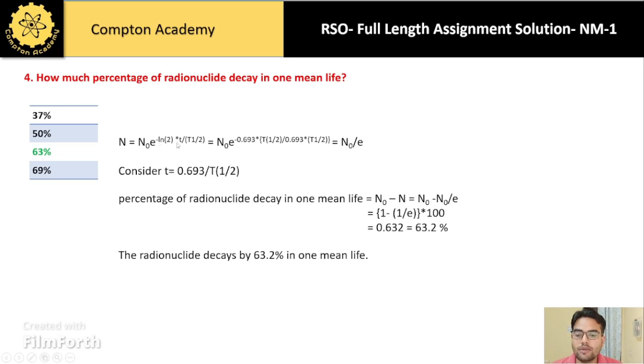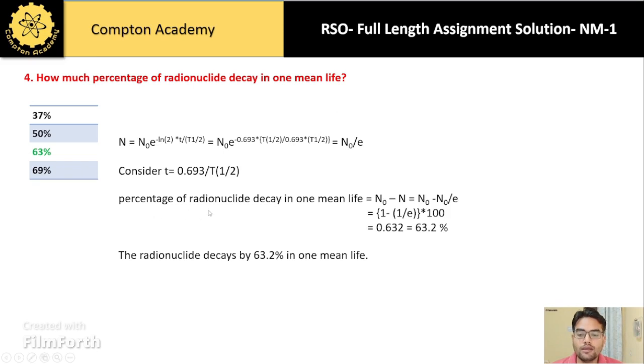Here e raised to the power minus lambda t is written as e^(-ln2 · t / t half), where lambda is equal to 0.693 upon t half, and 0.693 is ln2. For 1 mean life we put t equal to t half / 0.693 in this equation, and then it comes to N naught upon e, which is the number of atoms remaining after 1 mean life.